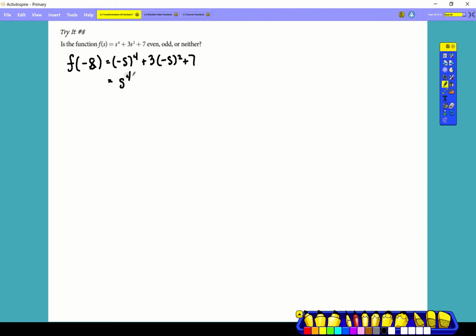If we multiply anything an even number of times by itself, then there will be no negative. The same goes for s squared, because 2 is even. So what do we have here? Does this look like the original function? f of s? Yes, it does. So it is even, which means we can stop. We don't have to go any further because it can't be even and odd, and it can't be even and neither. It can only be one.